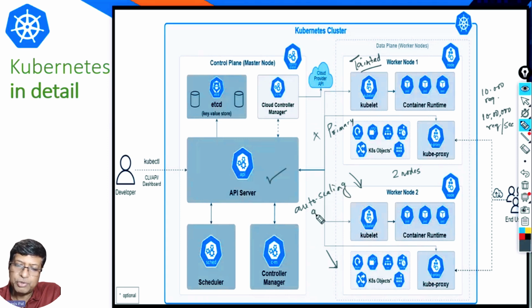And for Kubernetes, that means you will be writing some manifest file, configuration file, saying that whenever there is a requirement of huge demand, I need to horizontally scale. Horizontally scale means I am going to add a server.